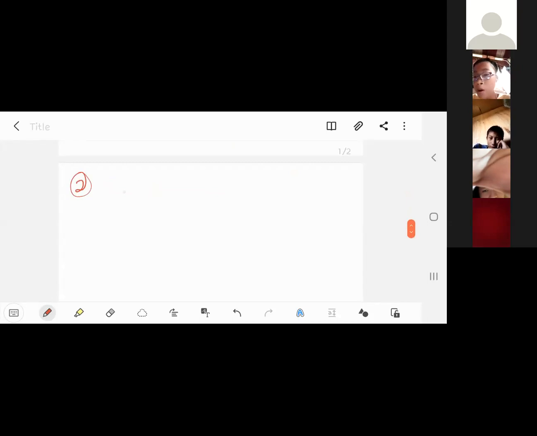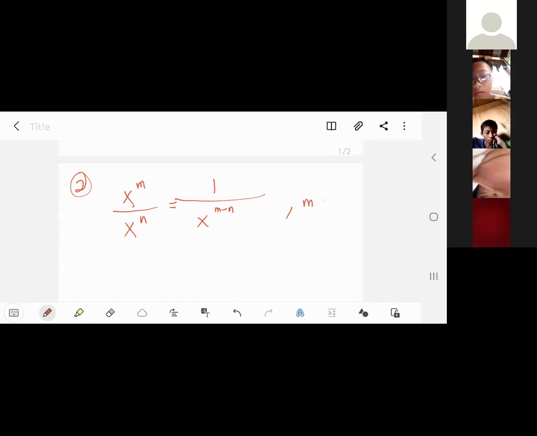Our second rule is x to the power of m over x to the power of n is equals to 1 over x to the power of n minus m, that means to say, na kung si m mas maliit kaysa kay n, or m is less than n. Okay, example.